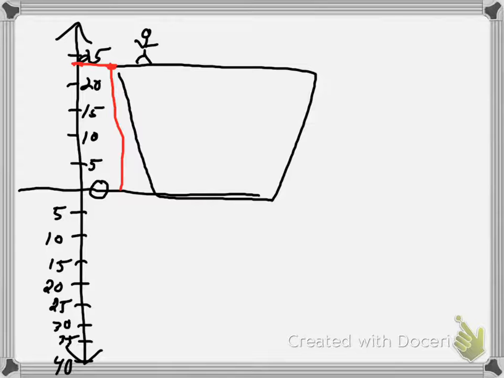And because I'm going down, I'm below sea level, all of these numbers are going to be negative. And I know that his net is at 38 feet below sea level, so I need to go down to 38 feet below sea level.